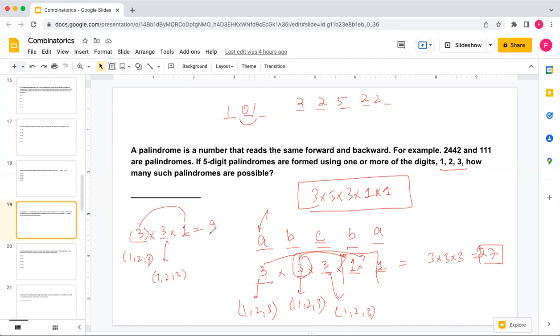So that's why this is 9 ways. Got the point? This concept is usually asked in the exam about palindromes, how many palindromes you can make with 3 digits, 5 digits, 7 digits. If you understand this question, you can make a palindrome of any length.